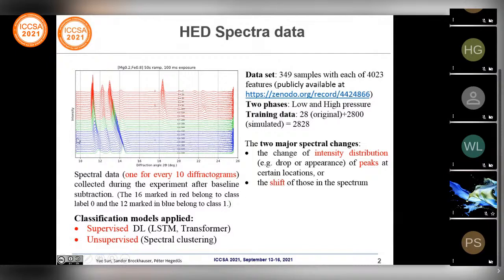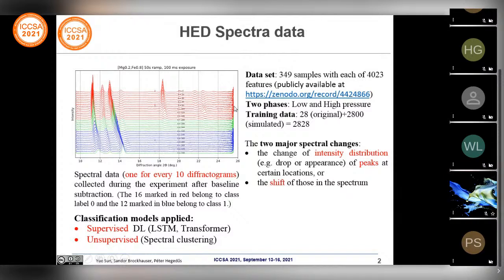We aim to find a transition point during the experiment, which also means to classify the spectra into two classes corresponding to the low pressure and the high pressure.